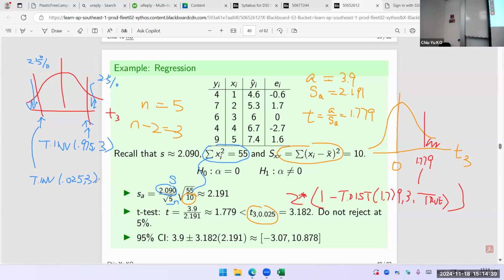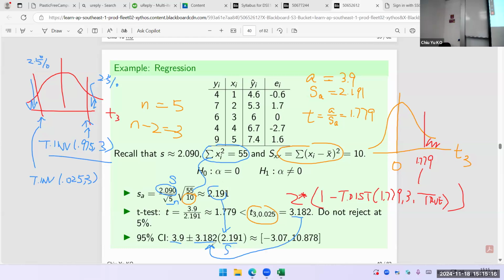So you can't really reject it. So this model is rubbish. We get A and B and calculate that much, but it turns out this A we can't distinguish from 0. The critical value here is 3 something, so 3.9 plus minus the critical value times SA, this guy is here and this is here, so it includes 0.